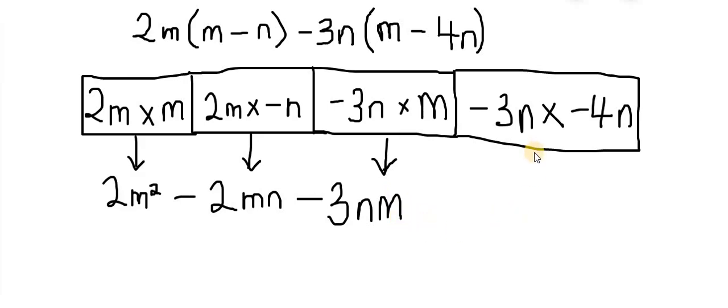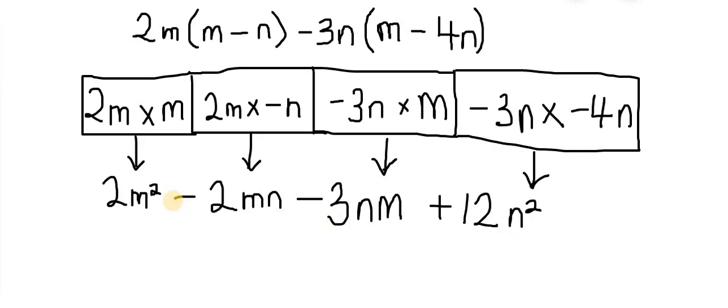And finally, minus times minus plus 3 times 4, 12. N times n, n squared. So minus 3n times minus 4n results in plus 12n squared.